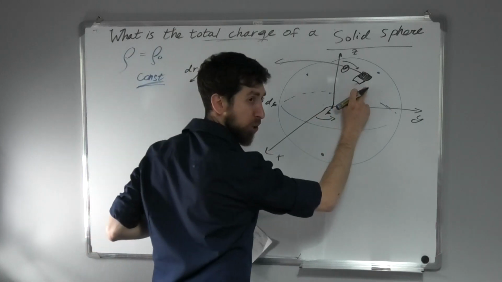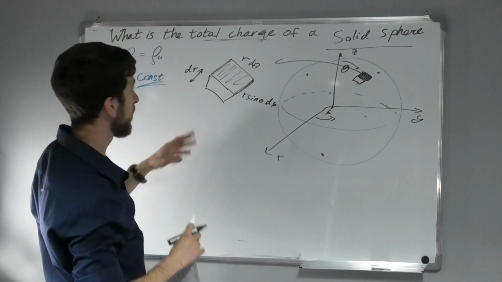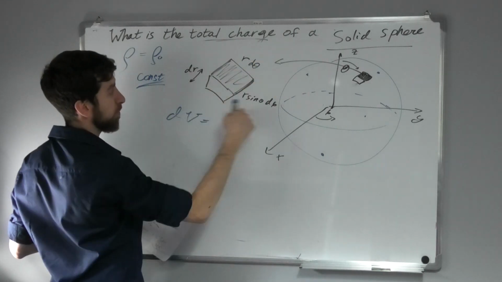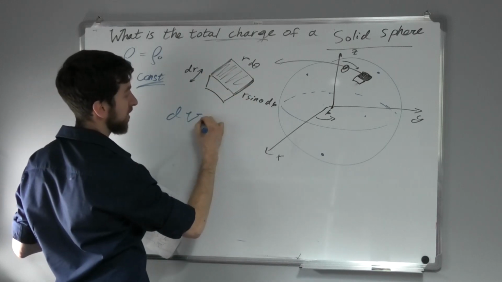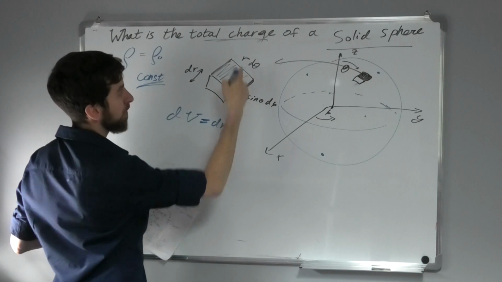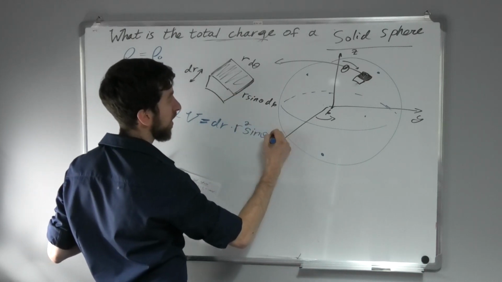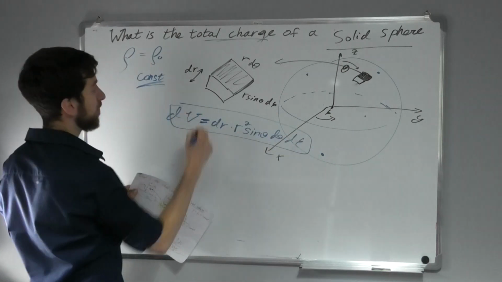In this piece of brick of volume, everything is the same. So what is the volume? What is dV? dV is equal to the multiplication of all of these, the height and the base. So the height is dr, and the base is this one, which is r squared sin theta d theta d phi. So this is the volume.